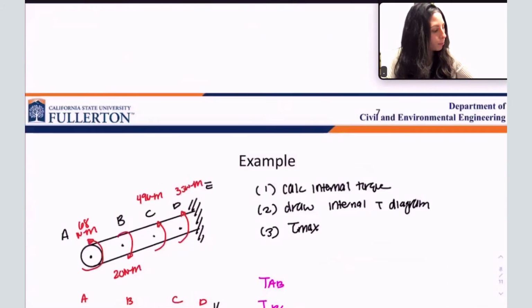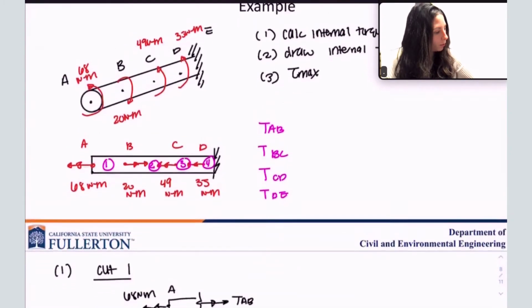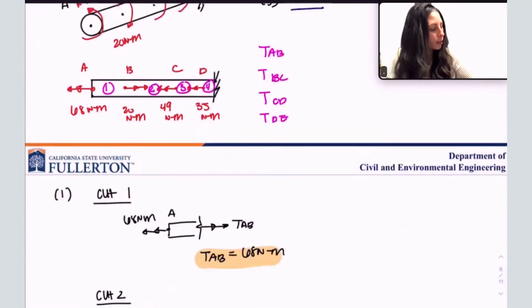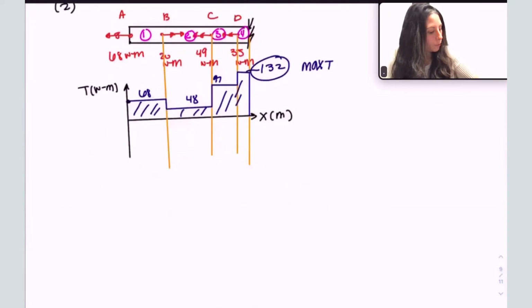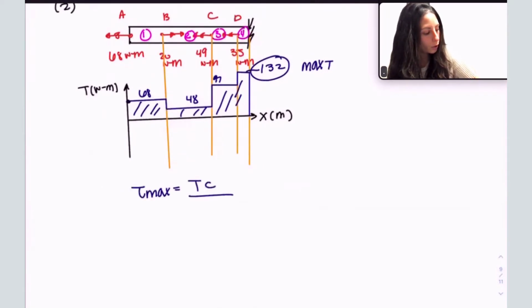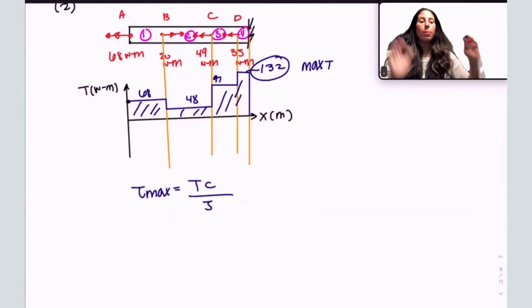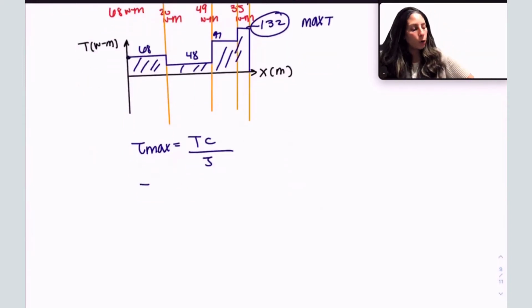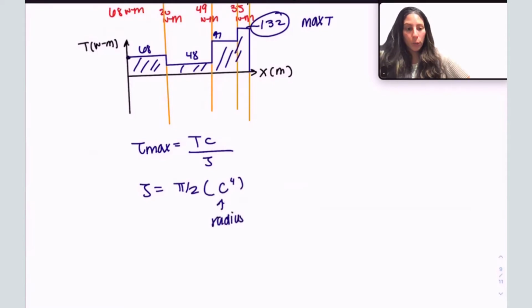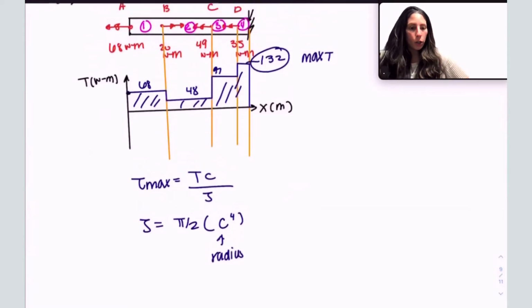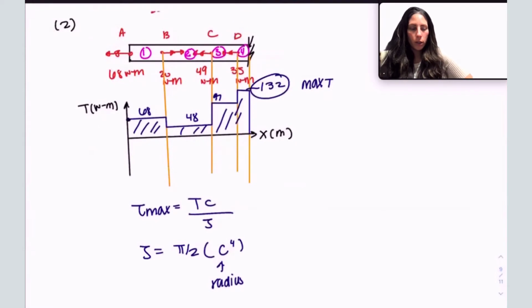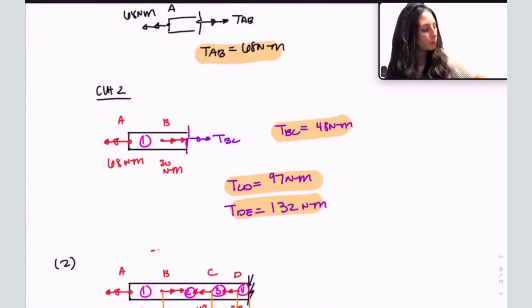I'm going to come back up here. I want tau max, which is TC over J. Now, J is the polar moment of inertia. So, for a solid circular shaft, it's going to be pi over 2, c to the 4th. What is c? That is the radius. What is the radius of this shaft? We're going to use 50 millimeters for the diameter.